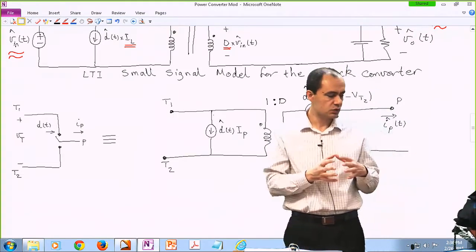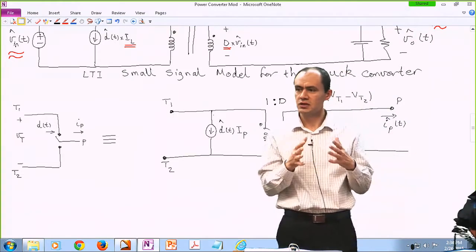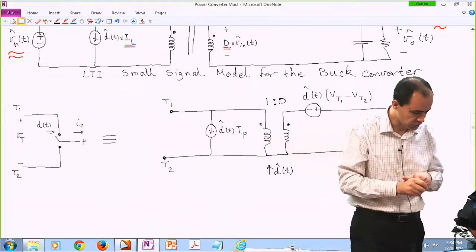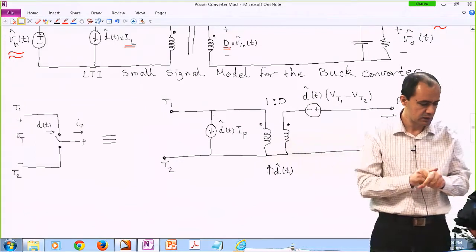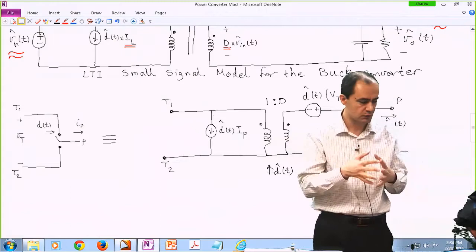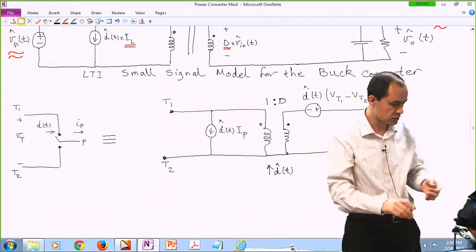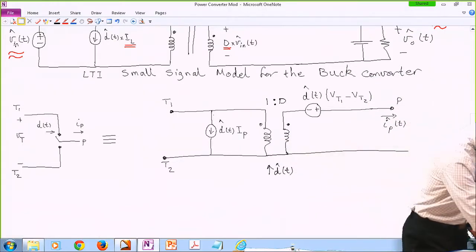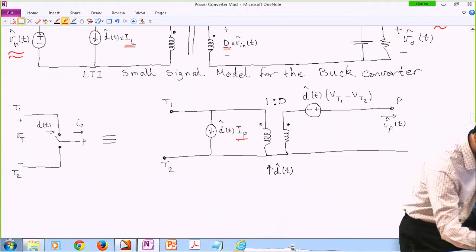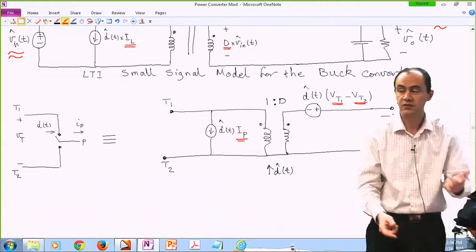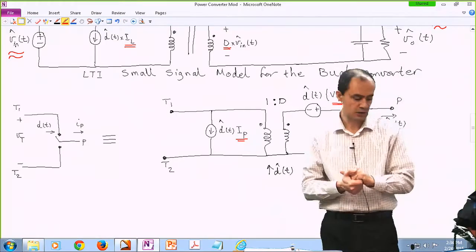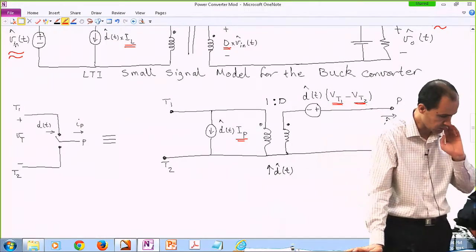It includes a DC to DC transformer with a turns ratio of 1 to D. And on the input side, we also have a dependent source of current, which is proportional to the DC value of the pole current. So remember, you have to do DC analysis first to find out this, and this. And afterwards, you can replace it with this small signal model.